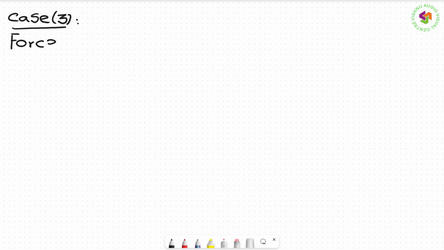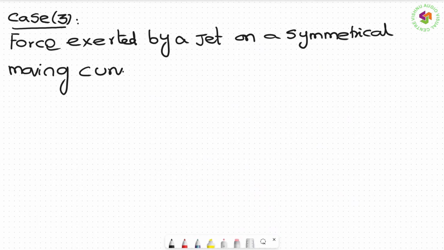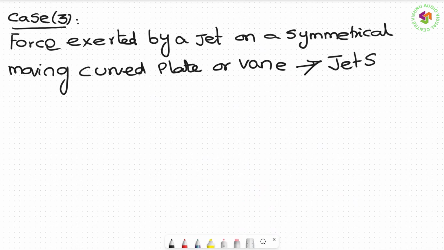Force exerted by a jet on a symmetrical moving curved plate or vane where the jet is striking at the center.